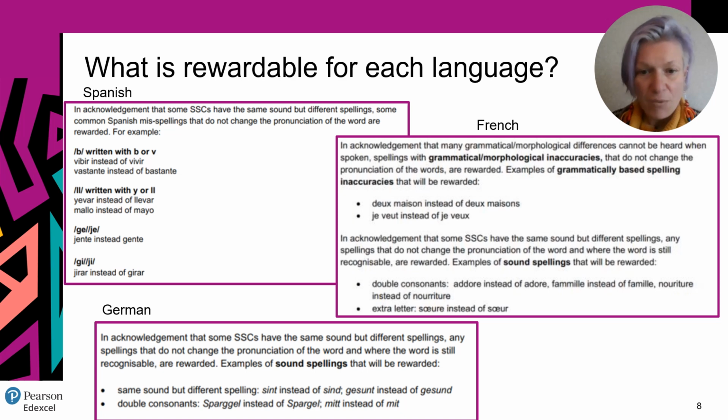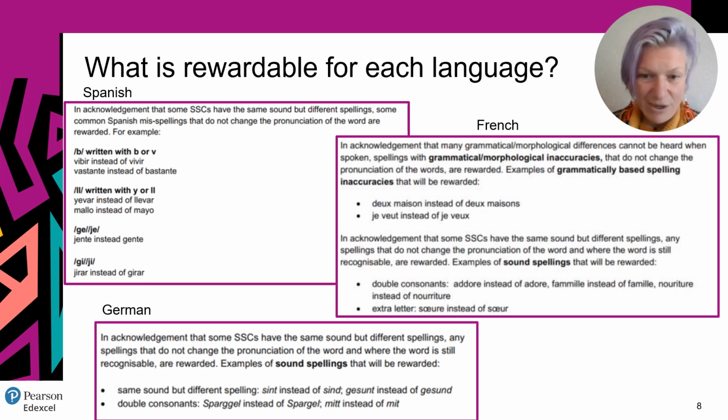For French, we've already looked at on the previous slide the examples like je veux, de maison, and we've also looked at things like double consonants. There would also be examples such as the one you can see here, where the students have added a letter, but that letter has been added in such a way that the word pronunciation still remains exactly as it would have been without the addition of that letter.